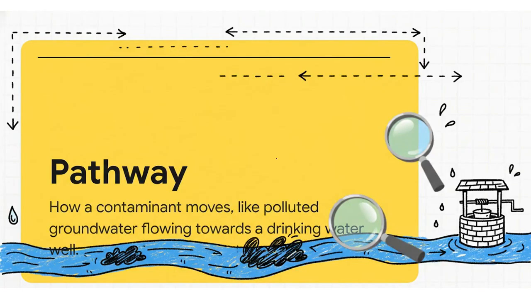Then pathway: the pathway takes the contaminants from the source to the receptor. The process through which it happens is called the pathway.